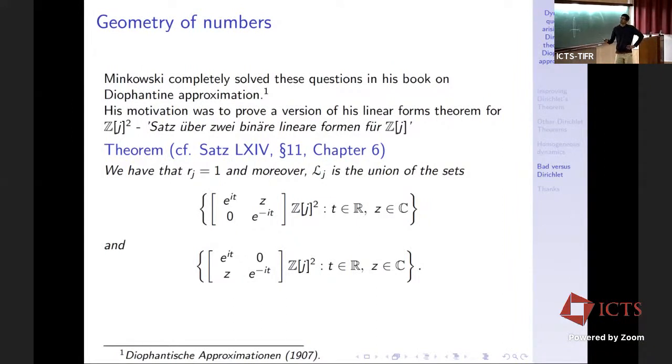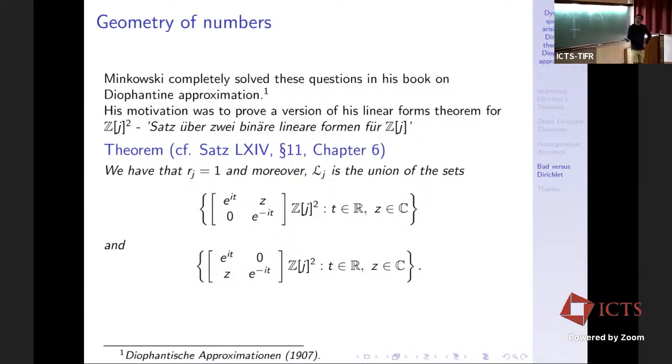Minkowski proved this. He was studying a linear forms theorem, and he proved that Rj is 1 and Lj is exactly these two sets.